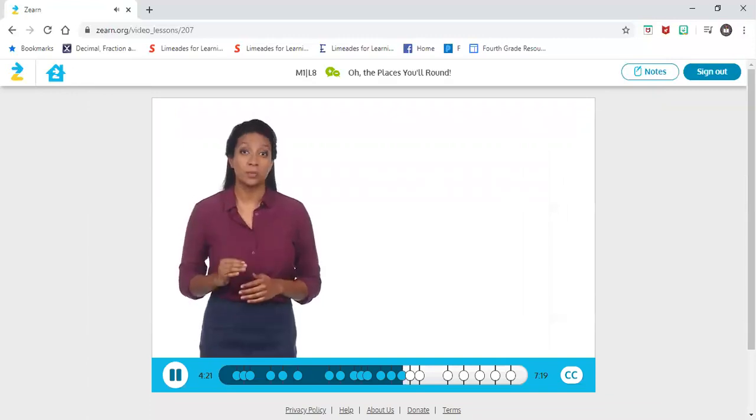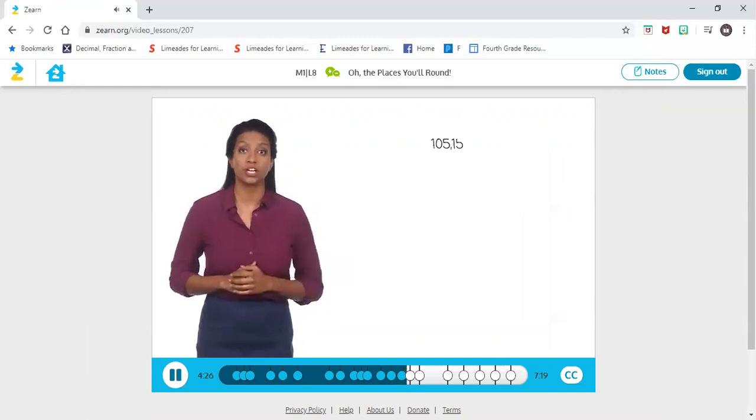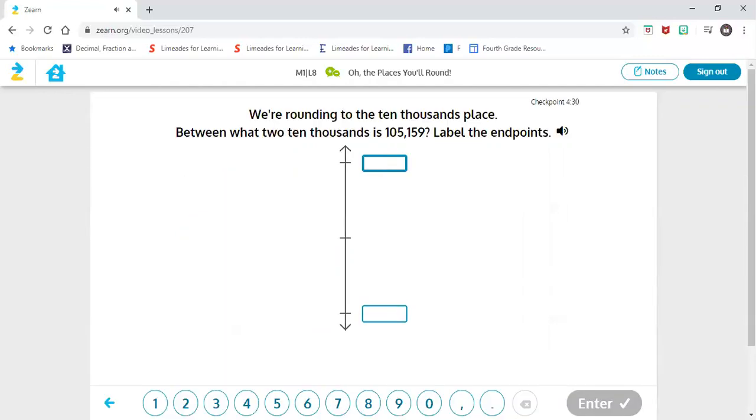Let's round the same number to two different place values. First, round 105,159 to the nearest 10,000. Okay, so first we have to find our 10,000s place and what is in it. Ones, tens, hundreds, thousands, 10,000s. So in my 10,000s place, I have a 0. Anything above my 10,000s place, what's in my 100,000s place, stays the same.